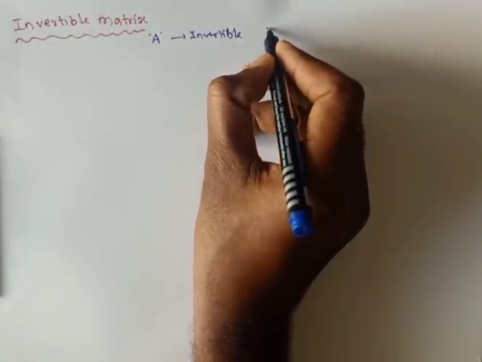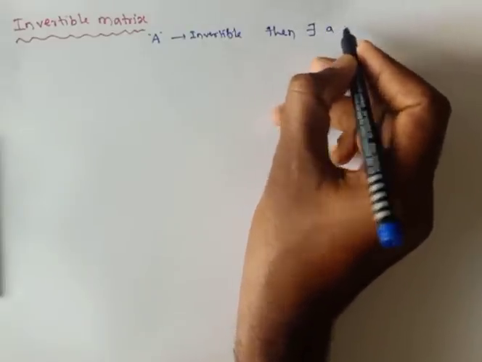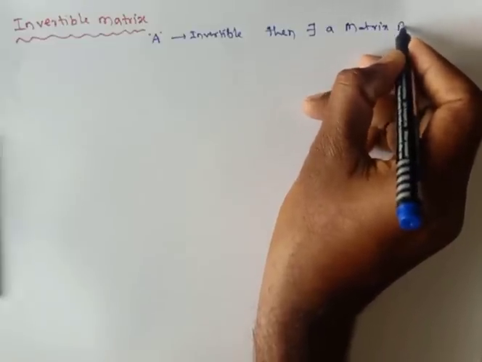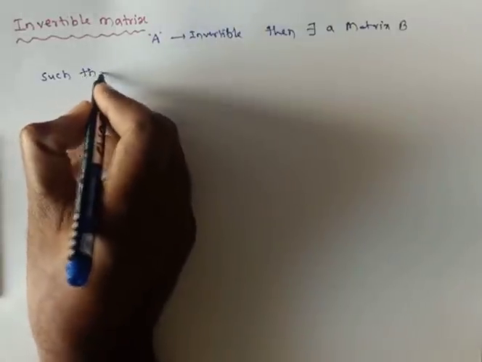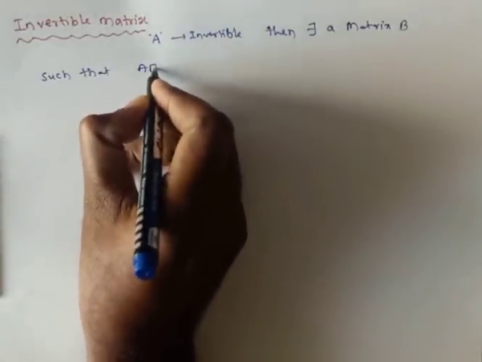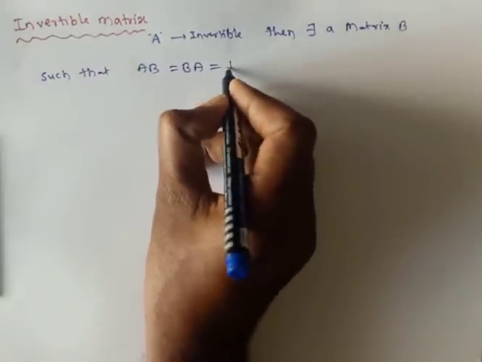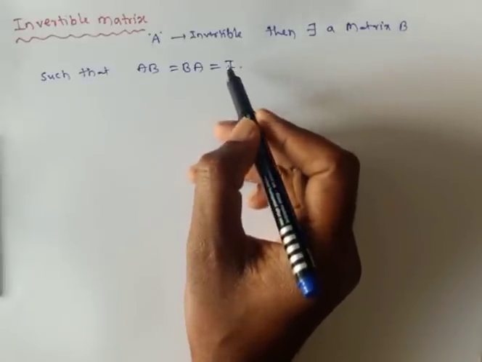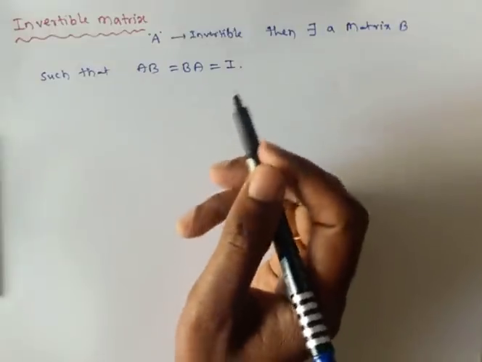Then there exists a matrix B such that A into B is equal to B into A is equal to I, where I is a unit matrix of the same order as A and B.